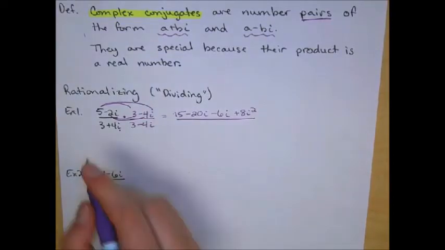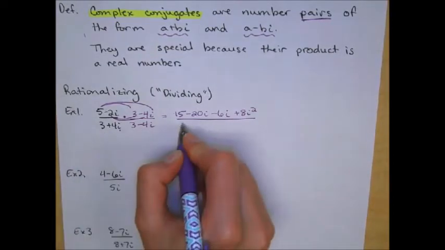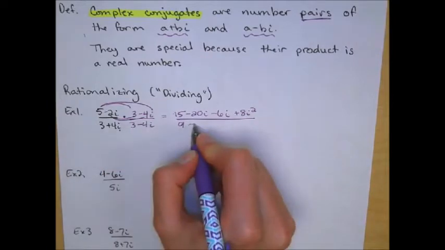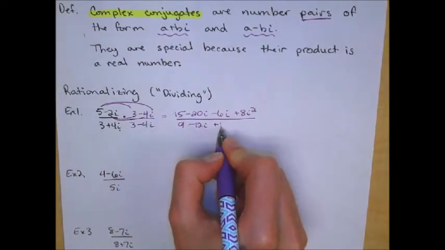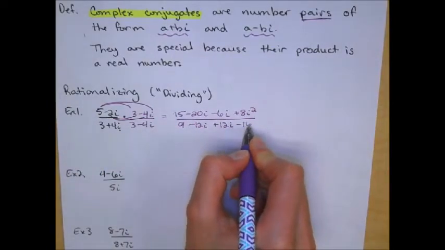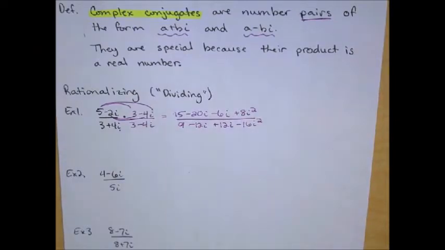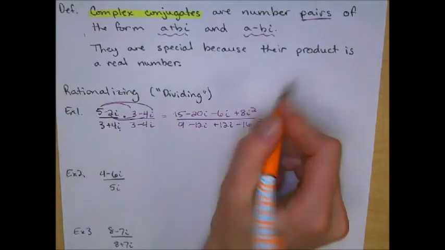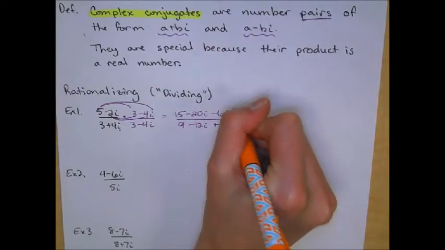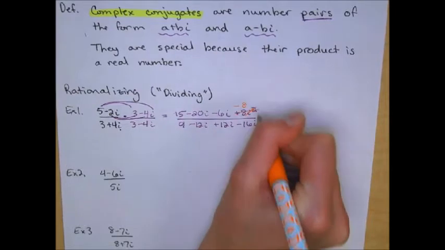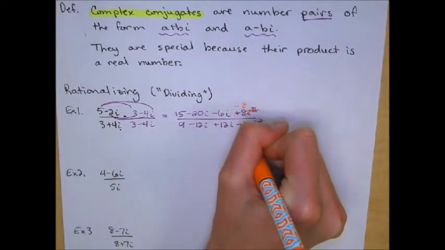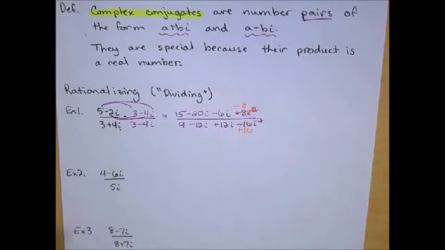On the bottom, 9 minus 12i plus 12i minus 16i squared. i squared is going to make this negative 8, and this positive 16.